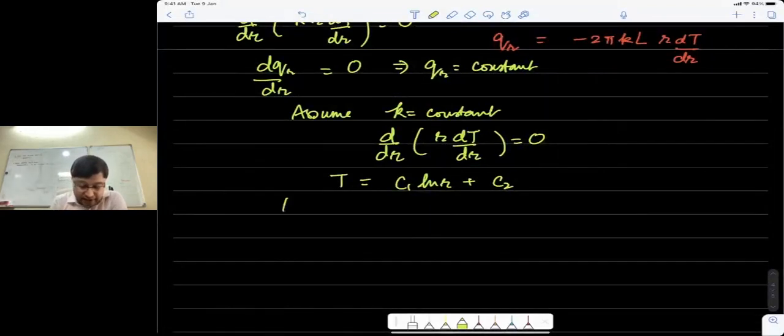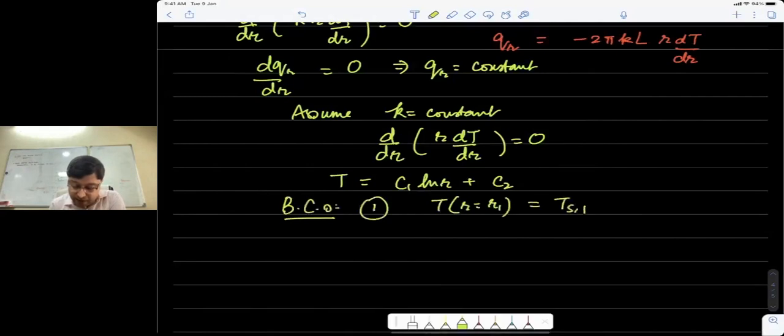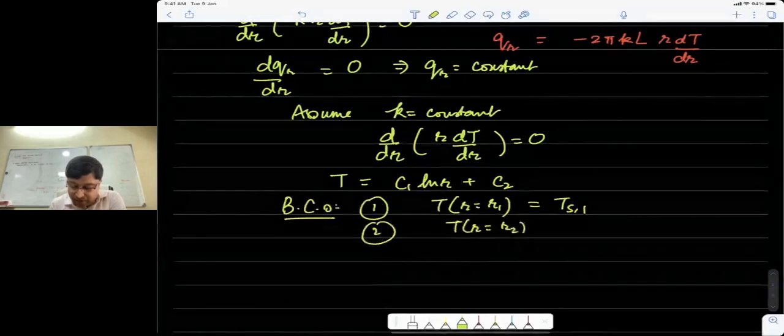So I can say that in the boundary conditions, temperature at r equal to r1 is, let's say, Ts1, and temperature at r equal to r2 will be Ts2.